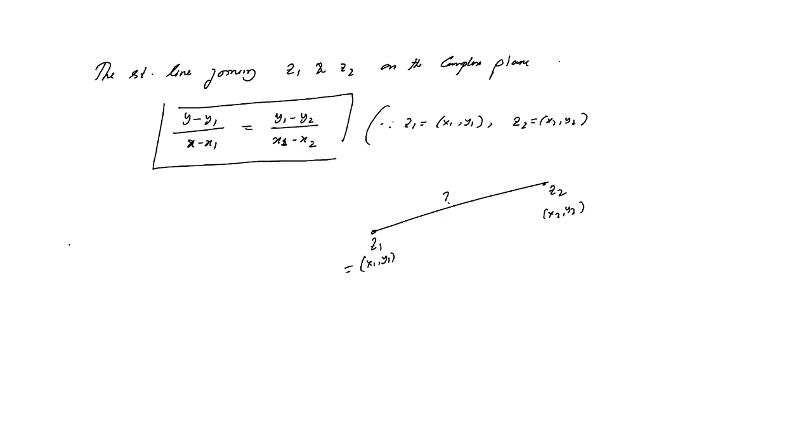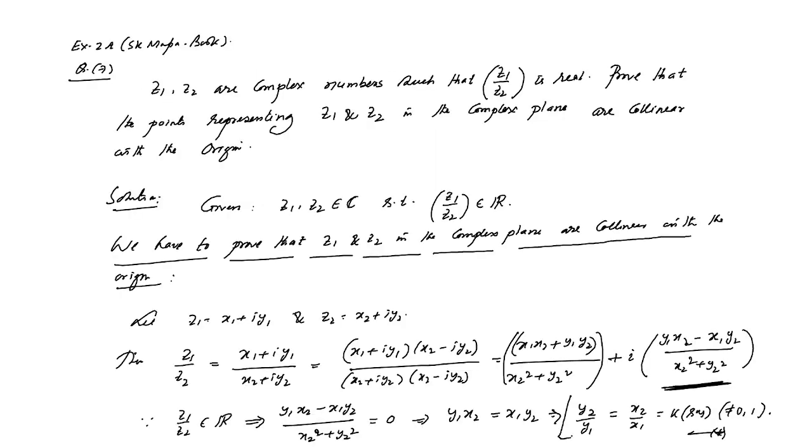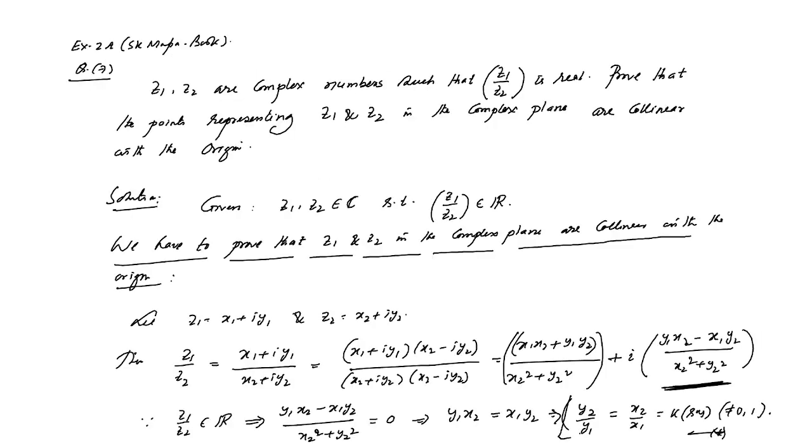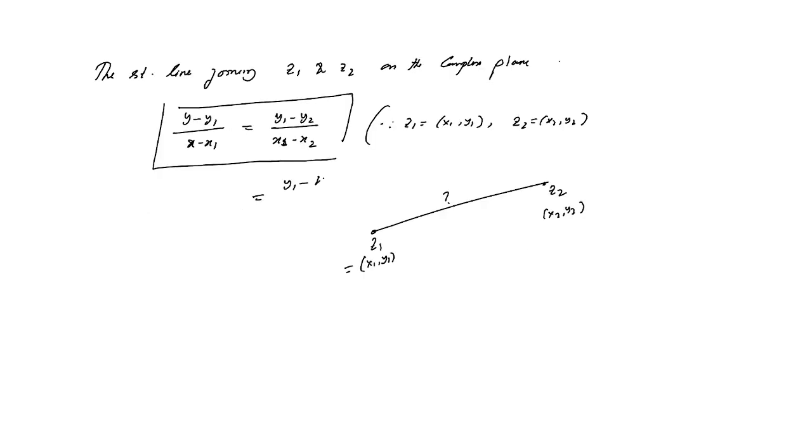So here we can write, using the above condition, y2 by y1 equals x2 by x1 equals k. What is the value of y2? Looking at the ratio, y2 is basically k y1, and x2 equals k x1. Putting these values here, we get k y1 by (k x1 minus k x1)... this value will be y1 by x1.